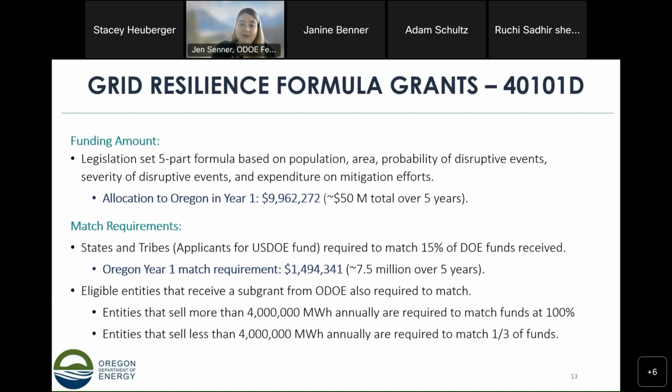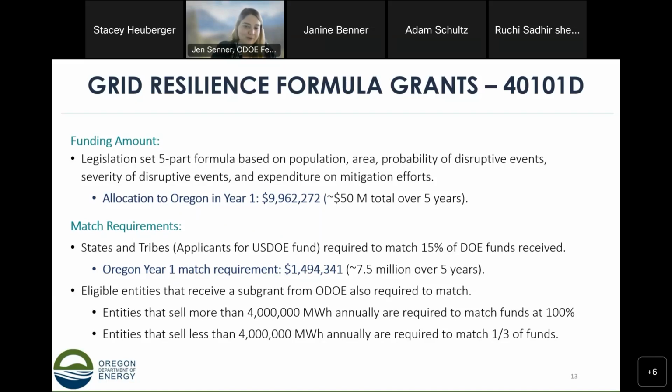In addition to the match requirement for states and tribes, there are additional requirements that subrecipients of the funds, so the eligible entities that will be receiving the funds to really do the investment work, will also have to contribute matching dollars towards the scopes of the project.